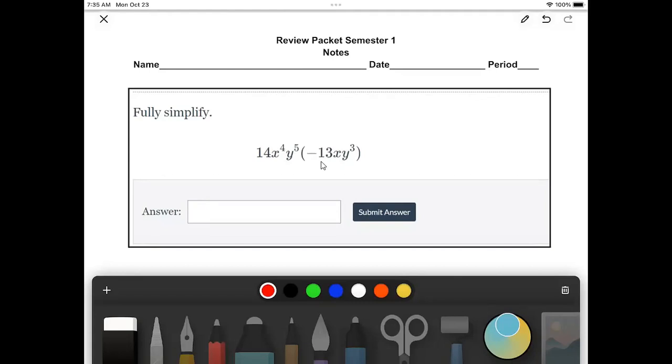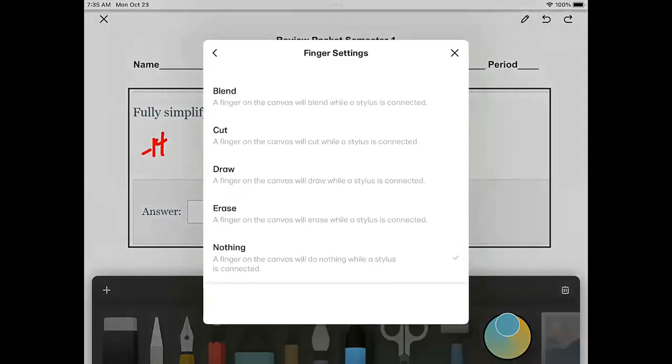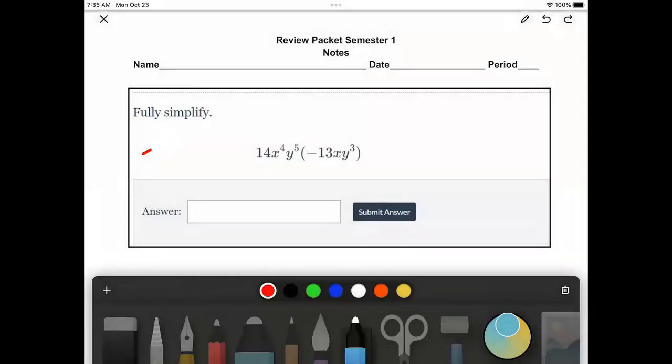If we multiply 14 times a negative 13, it's going to be 182.